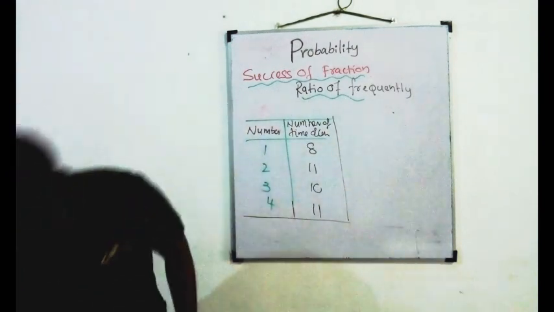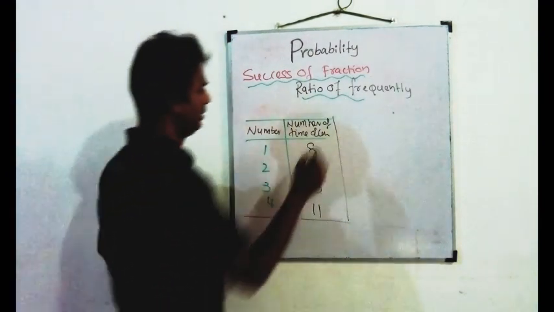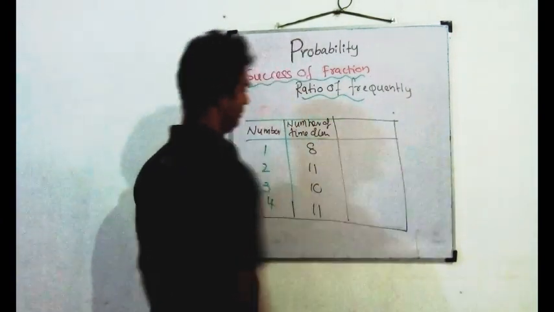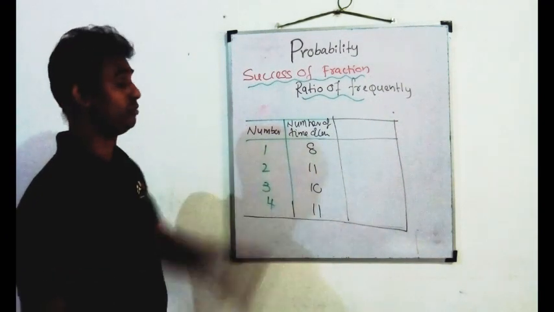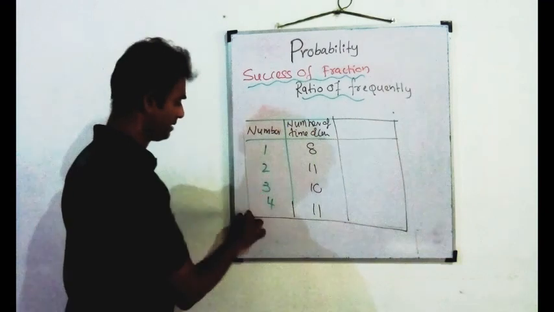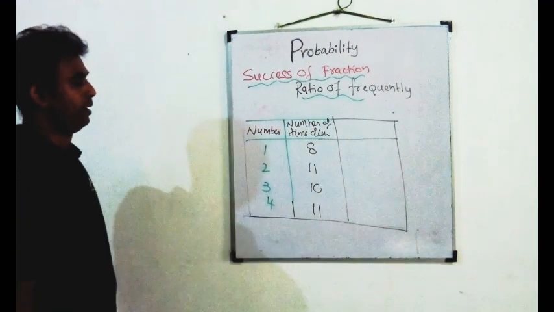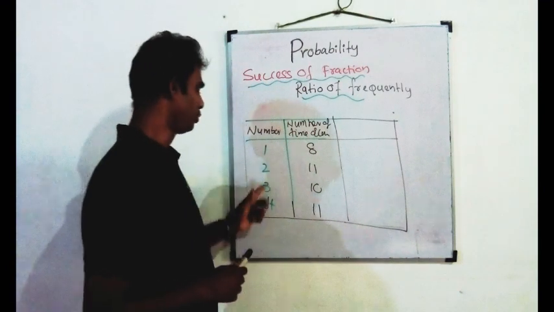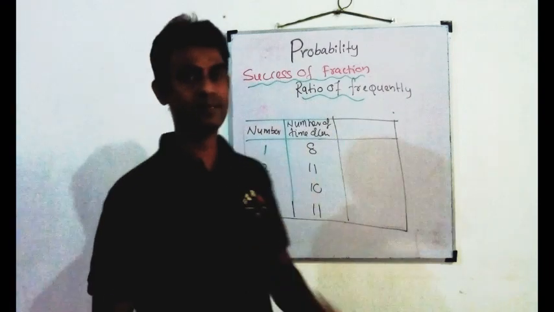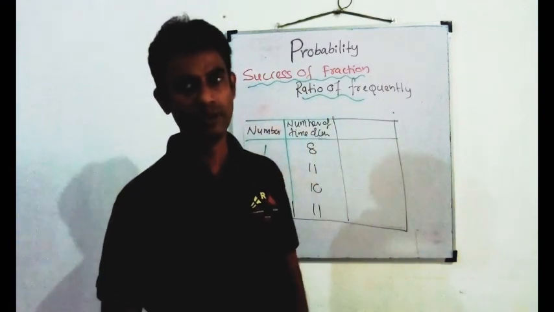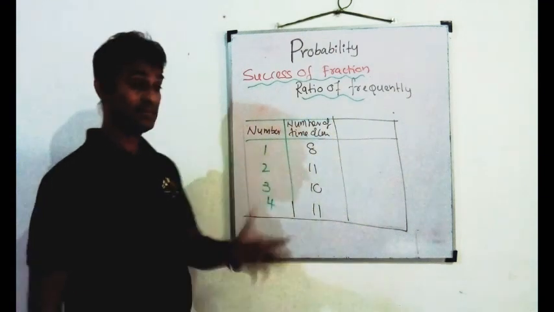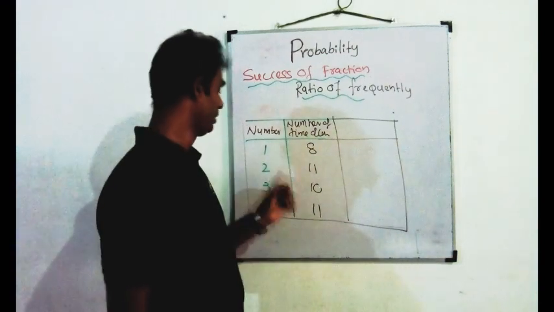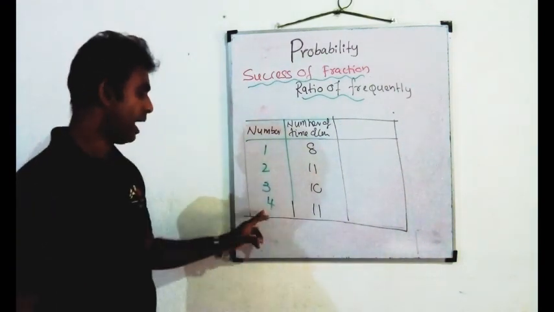Now we want to find the fraction of success. We want to find the fraction of success. Now you can understand the exercise. The tetrahedrons are there, 1, 2, 3, 4, marked on the 4 faces. Toss 40 times. The result will be given. We saw that 1 fell 8 times, 2 fell 11 times, 3 fell 10 times and 4 fell 11 times.